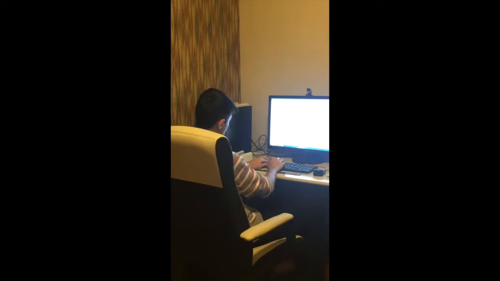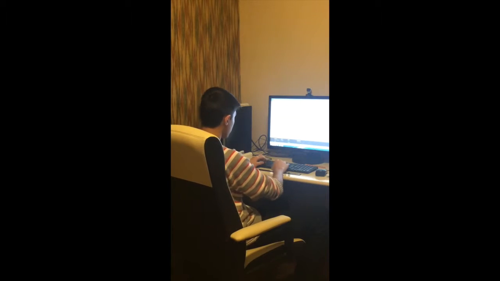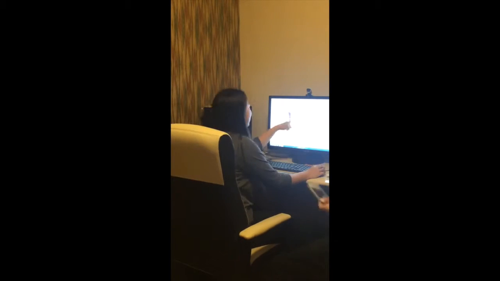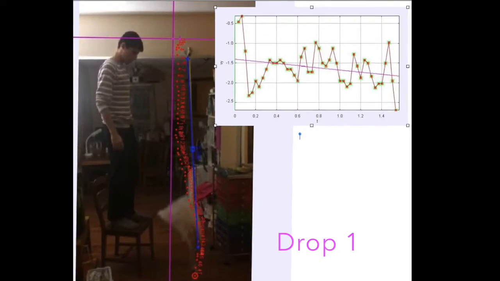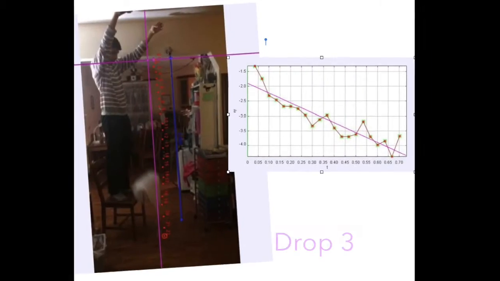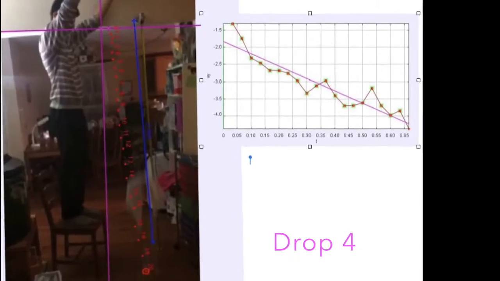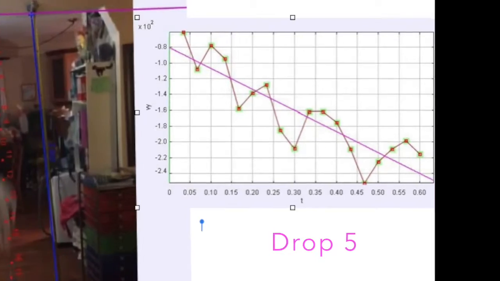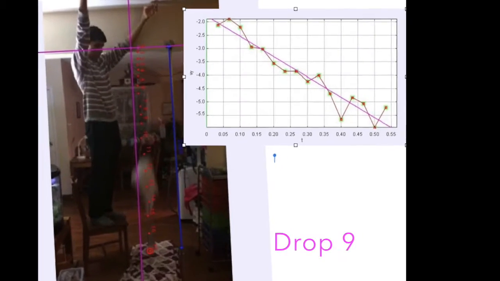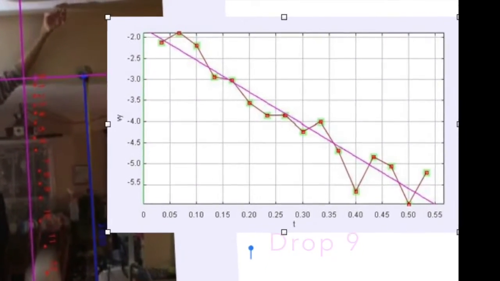So then, after countless hours of working hard in Tracker, we were able to find the change of time and the acceleration of each of the drops. Using our results, we were able to fill in a chart.